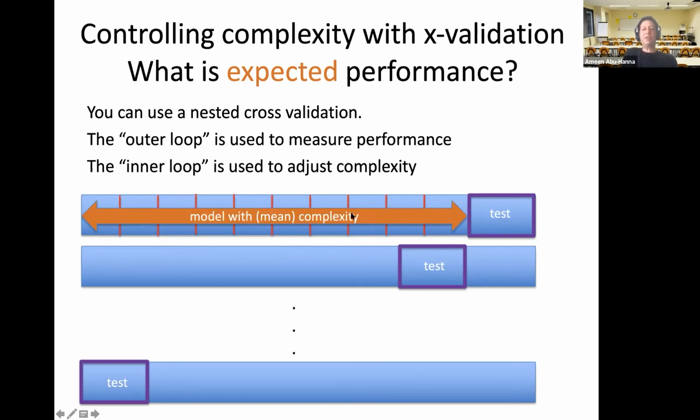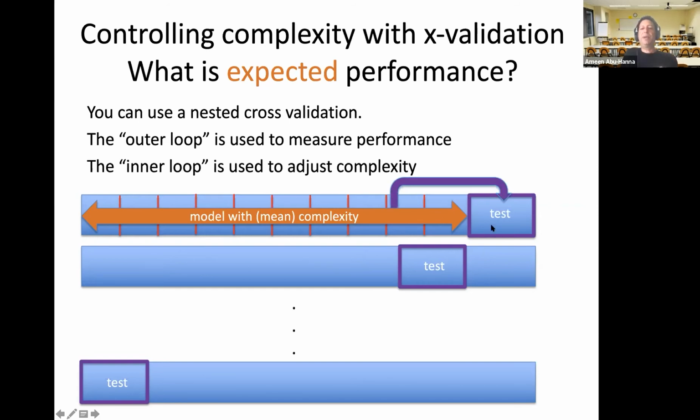I'll do 10-fold cross-validation just to decide on the model complexity. So I'll train on all but one and test on the one left, and every one of these small data sets will be used for finding where to stop the complexity. And then I have a mean complexity, and I say, okay, I'll fit it on this data set inside, and I test on this one.